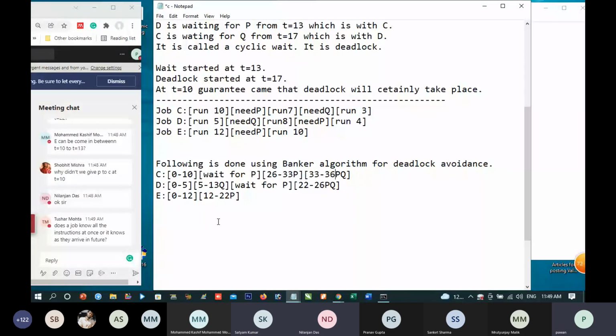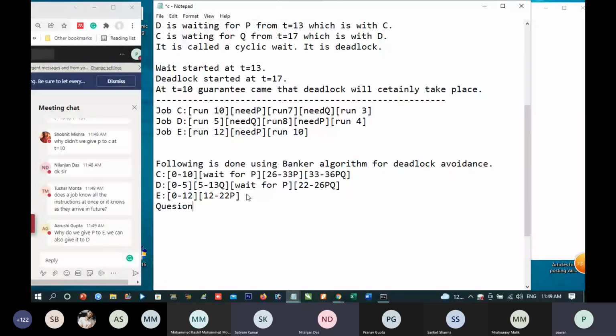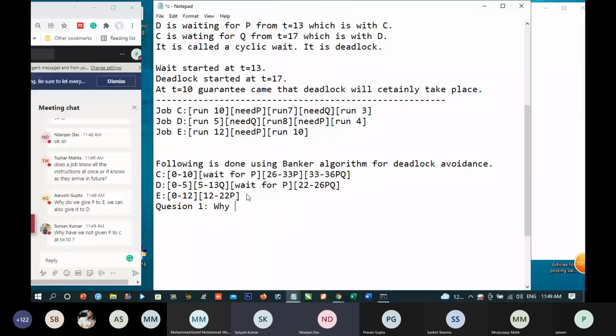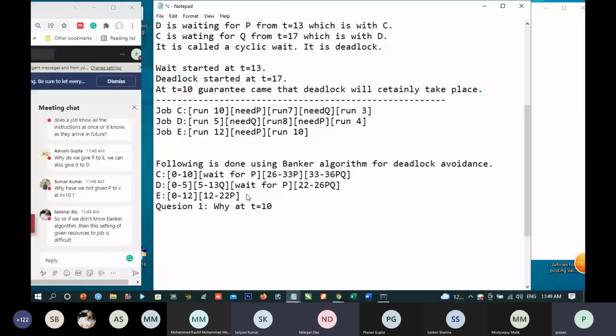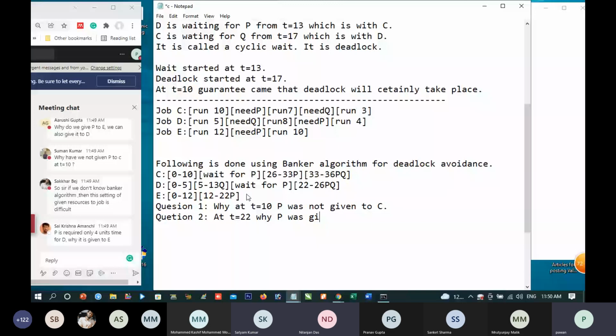Question 1: at t equal to 10, P was not given to C. Question 2: at t equal to 22, P was given to D, not to C.